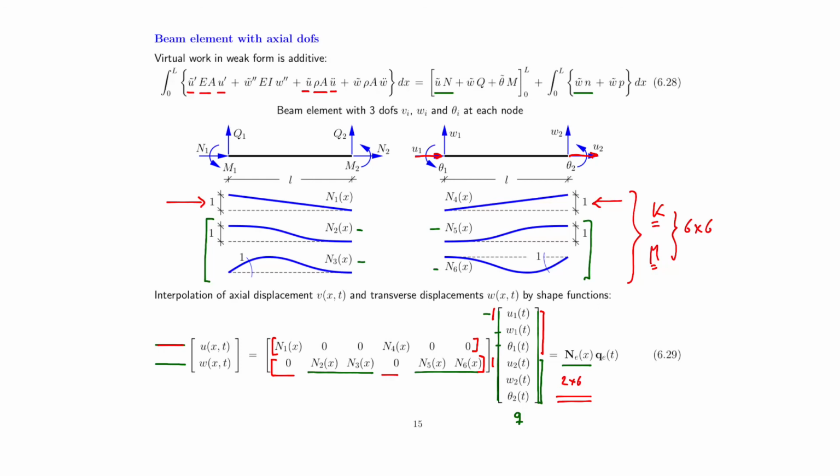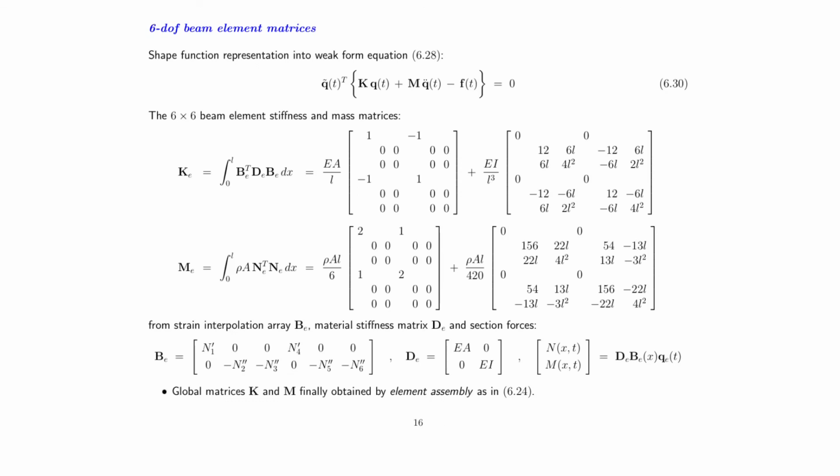And the reason why we can do that is that for any entry in the first row, the second row has 0 entries, and for all entries in the second row, the first row has 0 entries. And thereby we will get two separate stiffness matrices, namely a first stiffness matrix that is only concerned with the extension, whereas we will have a second matrix that is entirely concerned with the bending or the transverse problem.